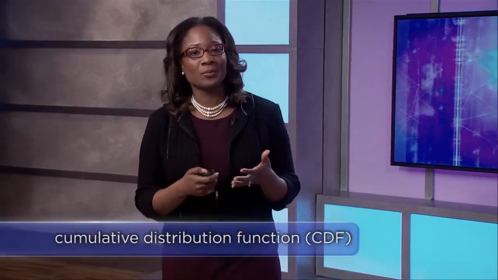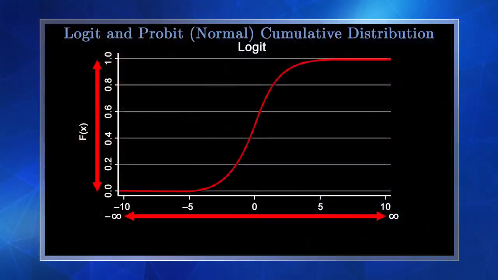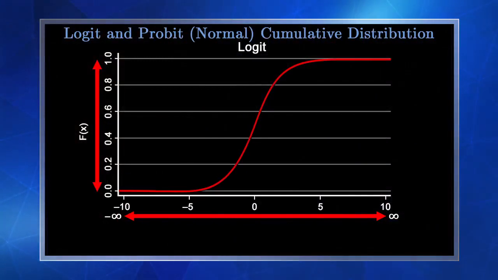The cumulative distribution function, or the CDF, is the probability that X is less than or equal to some value, say y. Imagine that we've taken our probability density function and we've added it up until we get to the point y. In this case, we find that by integrating from minus infinity up to y of our PDF.